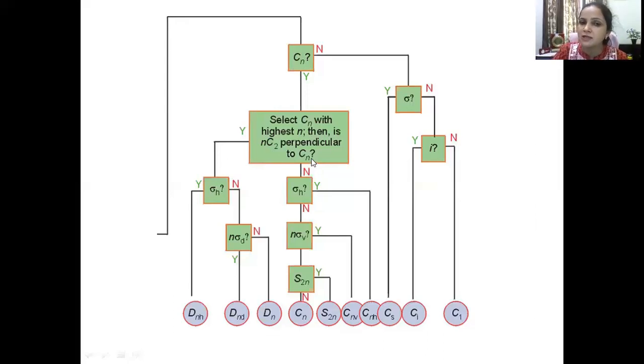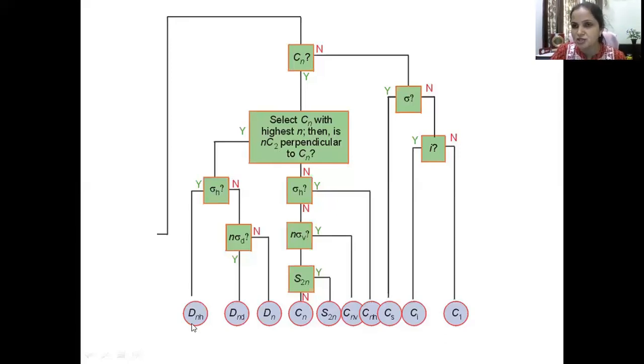Along with that principal axis, if there is another C2 axis perpendicular to the Cn axis, then we look for whether the molecule is possessing a horizontal plane or not. If the molecule possesses a horizontal plane along with the C2 perpendicular to the Cn axis, then the point group is assigned as Dnh.